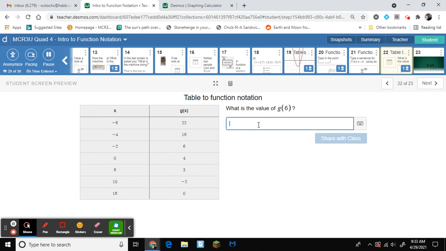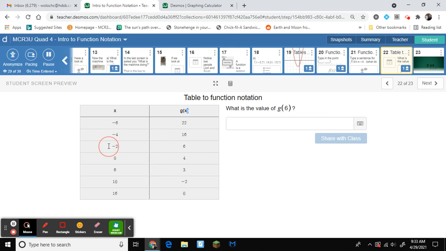And then here was also one that we took up. What is the value of g of 6? So again, here, this is my g of x column. And I look, well, where's my g of 6? Well, here, I don't want to look at this column, because if you see a 6 here, you may be thinking, oh man, I'm going to look at this value, because some people were picking -2.